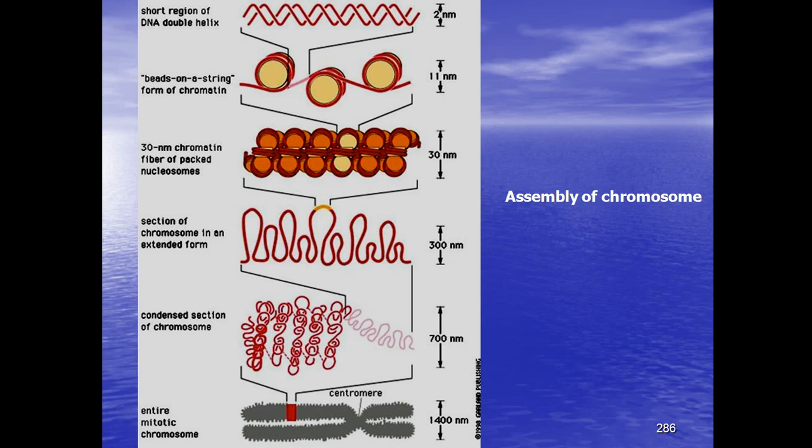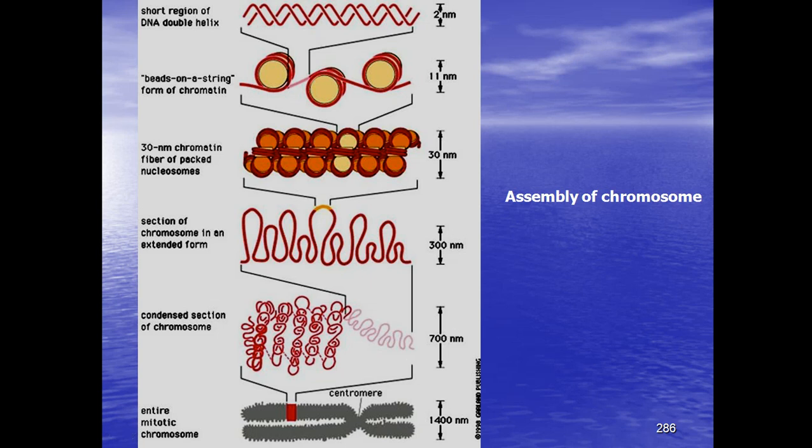And this is not enough, even that again further coils, further folds, you can see 300 nm, then there will be further condensation which becomes 700 nm.